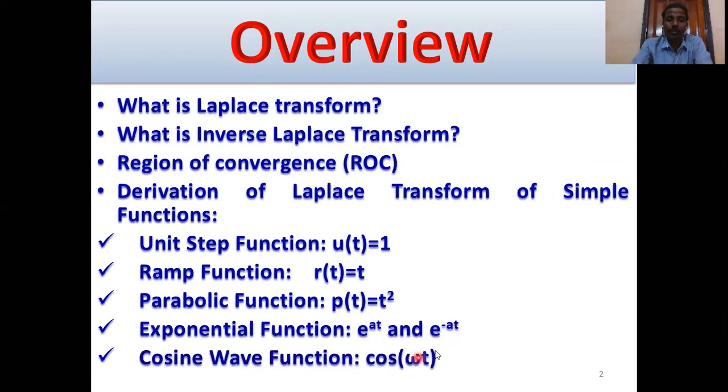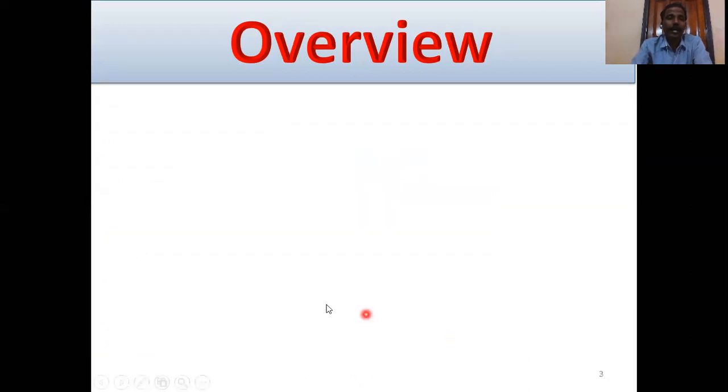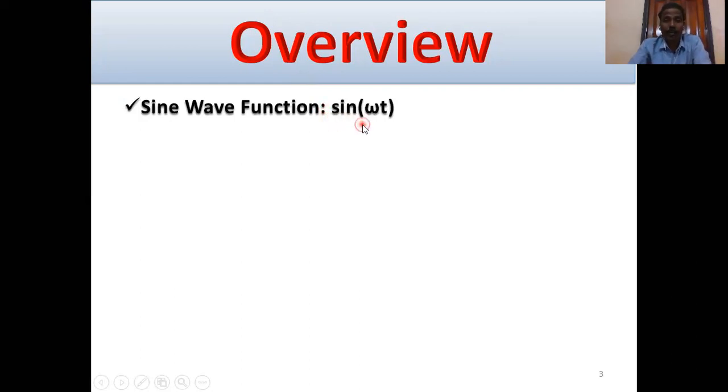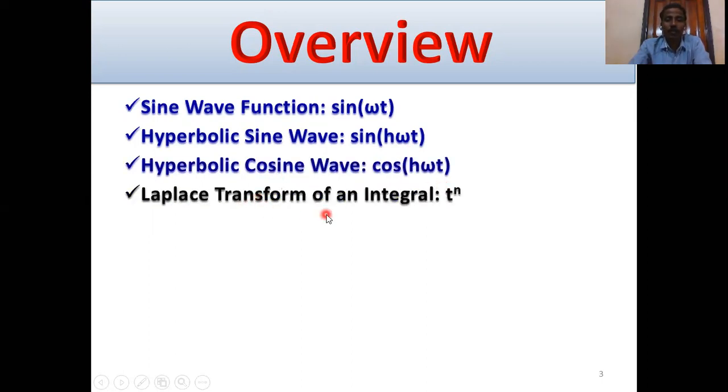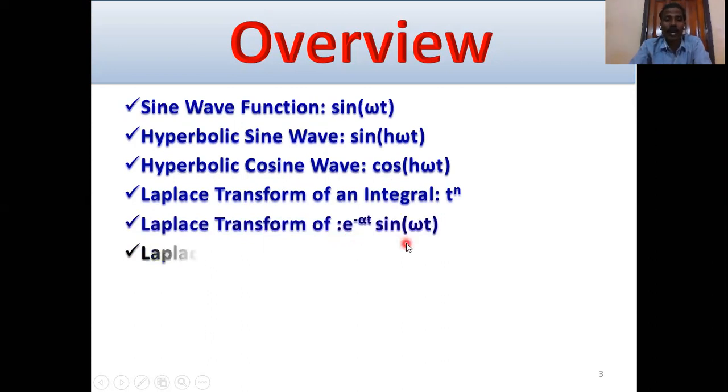This is cos omega t. Another overview: sine wave function like sine omega t, hyperbolic sine wave function sinh omega t, hyperbolic cosine wave function cosh omega t, and Laplace transform of an integral t to the power n. Laplace transform of e to the power minus alpha t sine omega t.